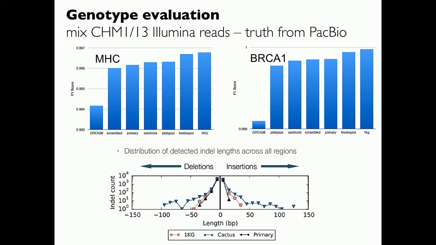So here we're seeing different versions of the graph genome. This is the primary in black. This is a distribution of indels found. And we're showing that if you incorporate more variant paths in your graph genome, you can find more. So this is on a log scale. You can find more variants, more large variants. It's not a surprise if you start building known indel variation into the reference.